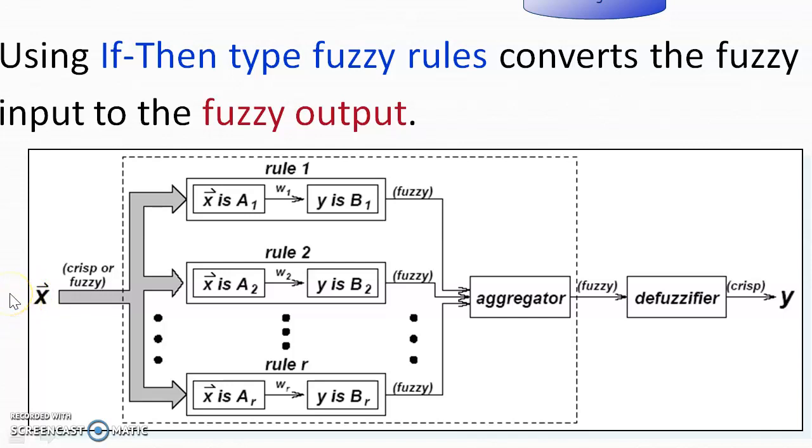So we need to obtain one fuzzy output which is analogous to that crisp or fuzzy input. For this reason, we need one aggregator where all these fuzzy outputs are aggregated to convert them into a single fuzzy output. So this is how the inference engine works.